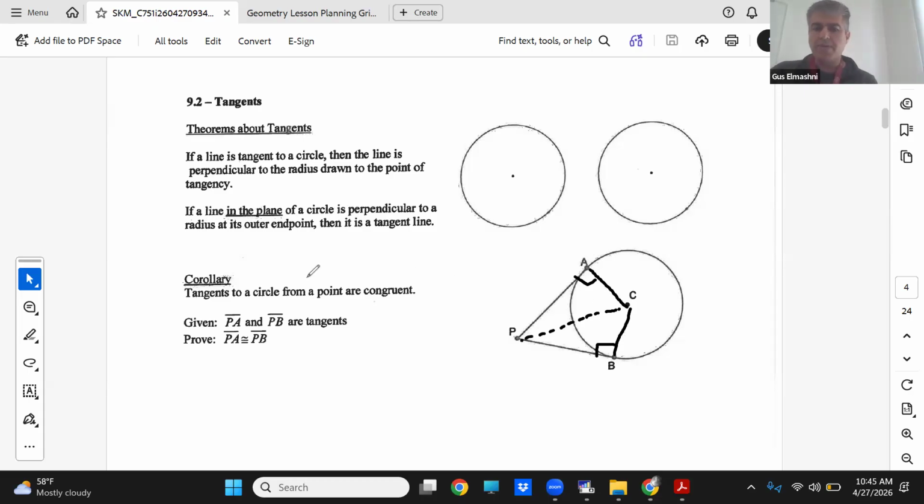A corollary is basically kind of an extension to a theorem. Corollary, yeah, and that's kind of a funny word. I don't want to do any formal proofs, but I think we just talked it out. PA and PB are tangents, so we know PA is perpendicular to AC, and PB is perpendicular to BC.